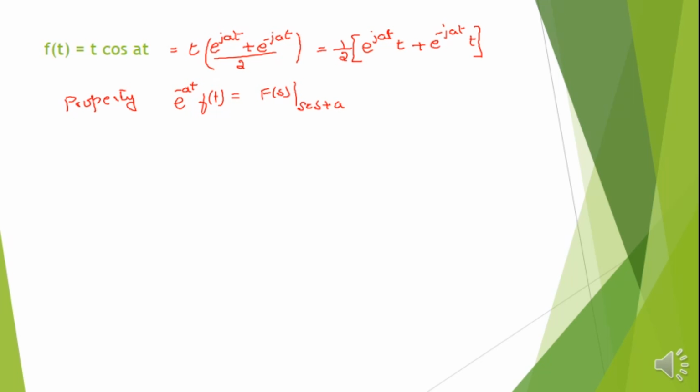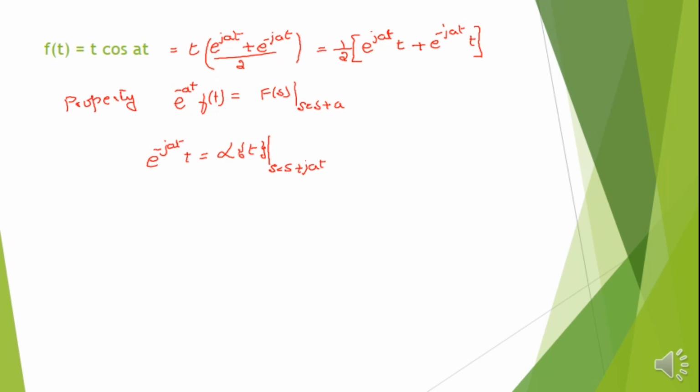So what happens is e to the power minus jat into t becomes the Laplace transform of t, that is F of s at s equal to s plus ja.